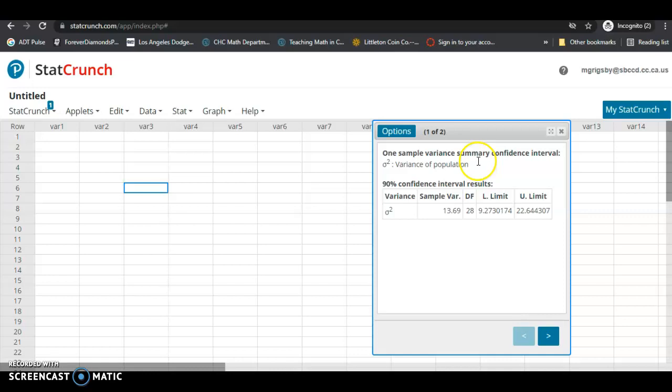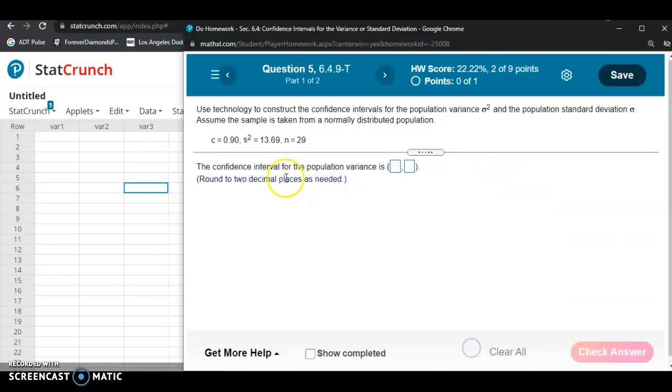Okay, so on the first slide we have a confidence interval for the population variance sigma squared. In the problem, the confidence interval for the population variance is blank and blank. So we're going to enter the lower limit in the first box and the upper limit of our confidence interval in the second box.